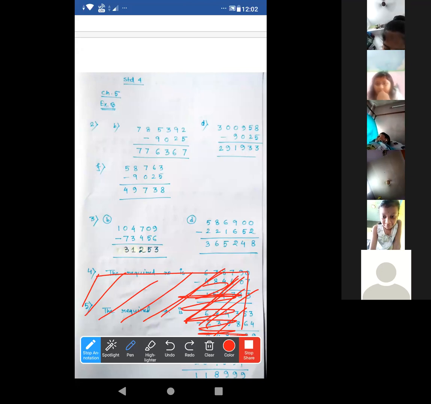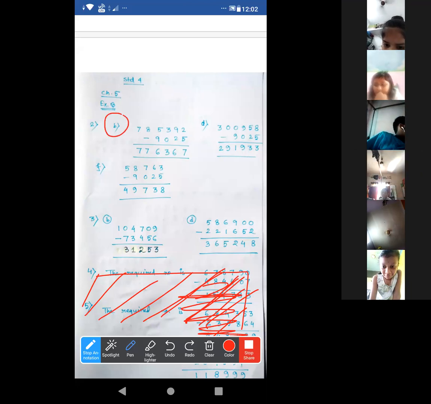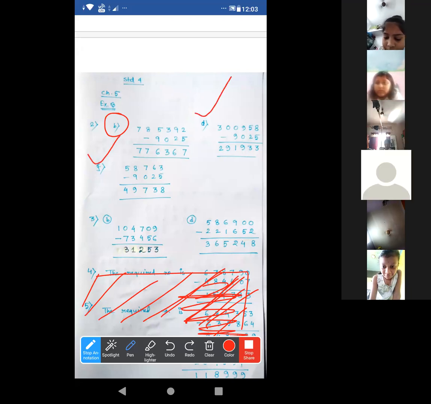Ma'am, today will we start from B or D? No, D. B you have already done. I explained one more time, okay? From D and F. From D, F. Okay, ma'am. Then 3, B and D. This F I am explaining.